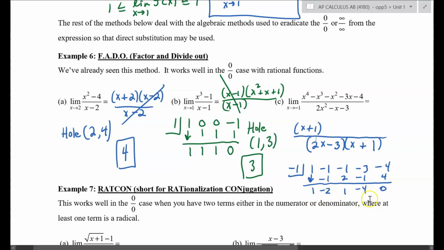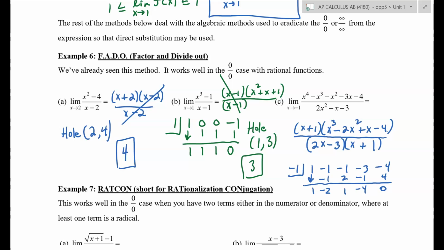And how would I read this result? That's the constant, that's the x term, that's the x squared term, that's the x cubed term. So it'd be x plus 1 times x cubed minus 2x squared plus x minus 4. So I know that that factoring is correct.